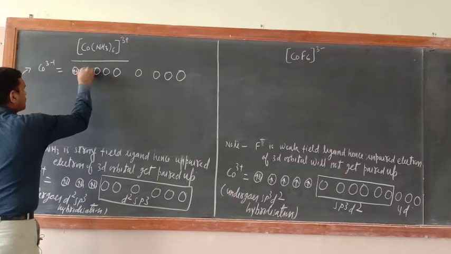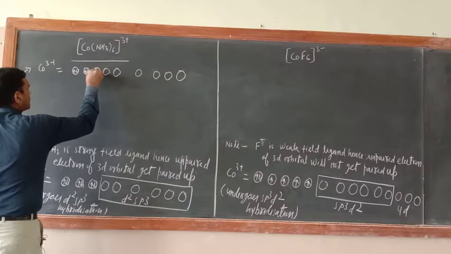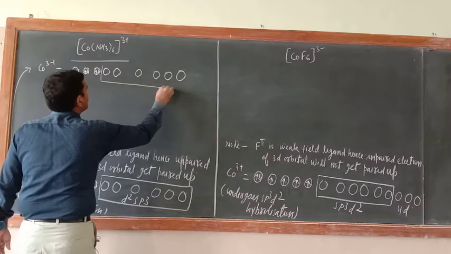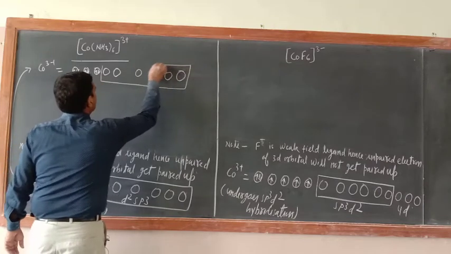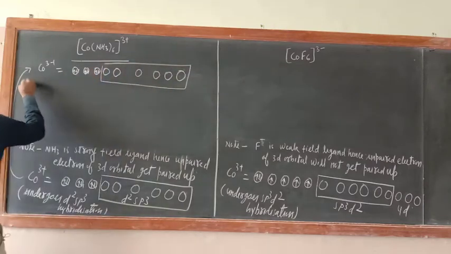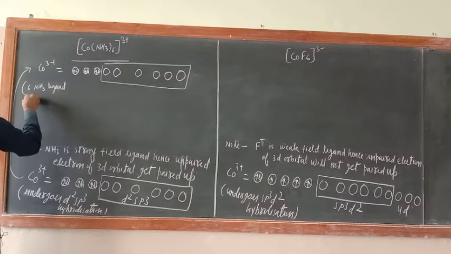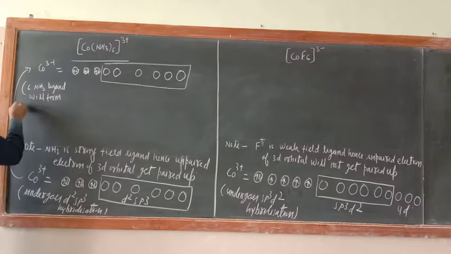Here also 2 electrons, here also 2 electrons. Now 2, this is there, d2sp3. Now just see, here in the bracket you write 6 NH3 ligands will form coordinate bonds.